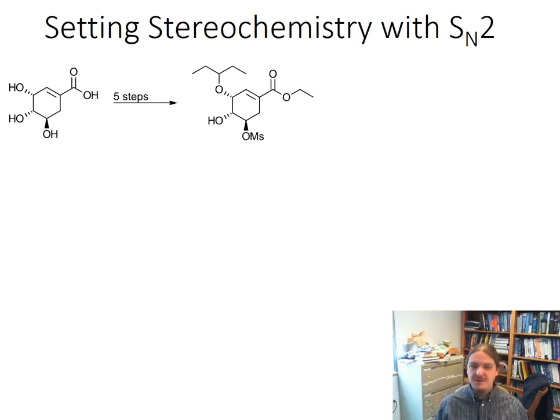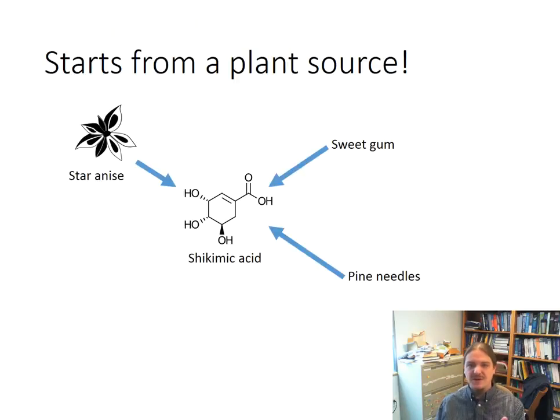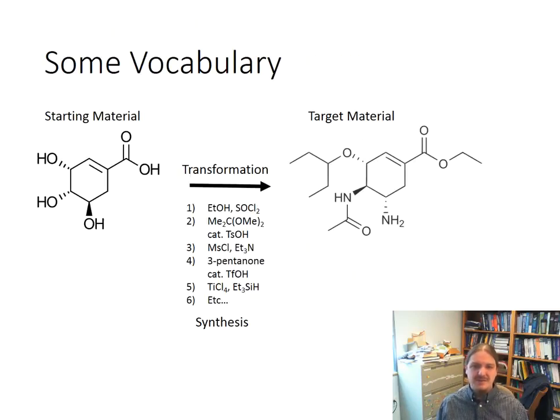A major accomplishment in the conversion of shikimic acid to oseltamivir actually has to do with changing some functional groups, yes, but also fixing some stereo centers. So if you permit me to go back to this slide, you notice that the relative configuration of two of the chirality centers is different in the target material than it is in the starting material.